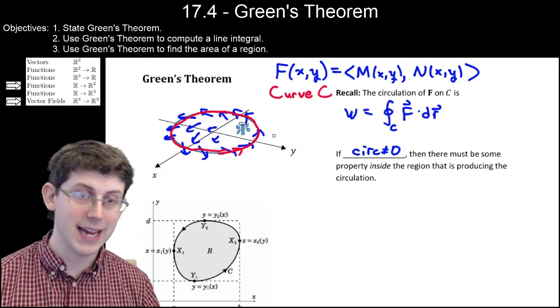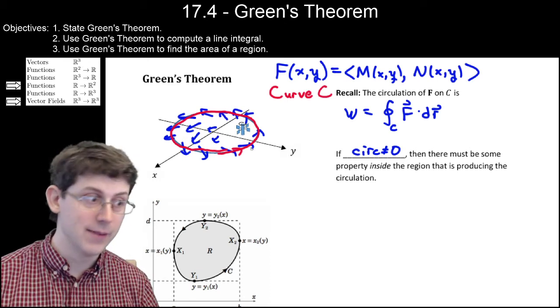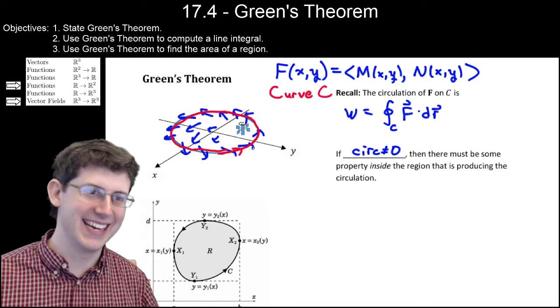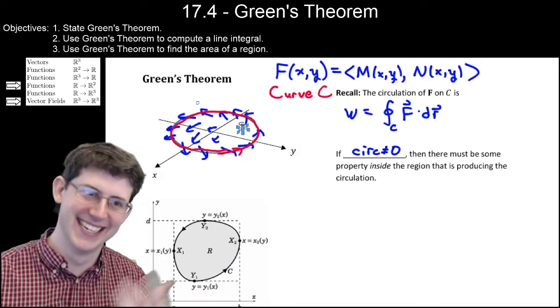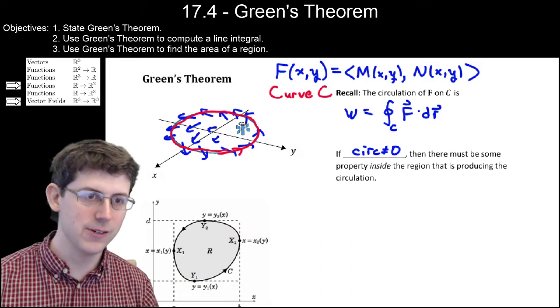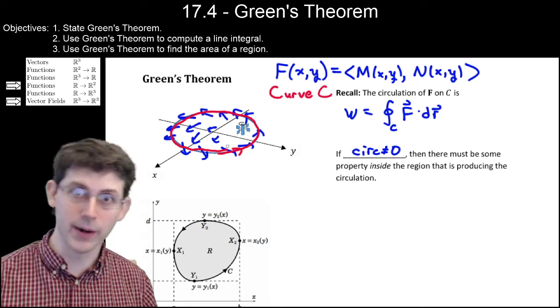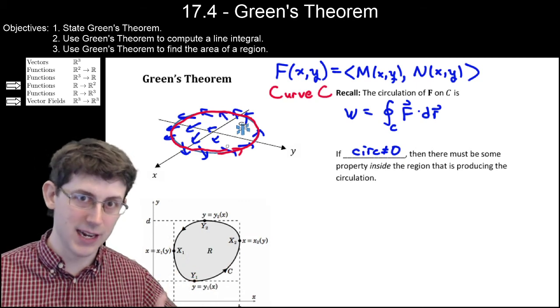And that swirling action has a name. It's called the curl, but we're not defining the curl yet, so I have to call it the swirling action. But basically, if you go in a loop and the wind helps you, then that means you kind of walked around a tornado. Maybe a small tornado.